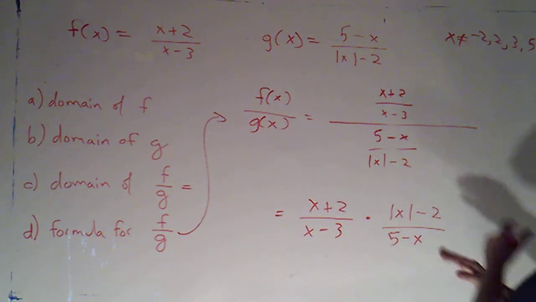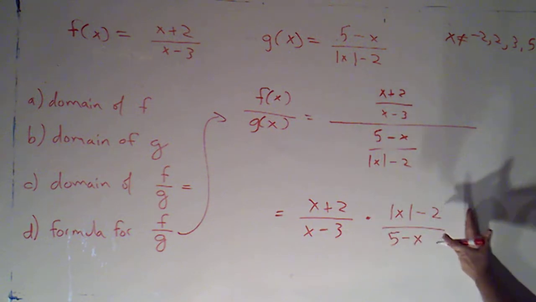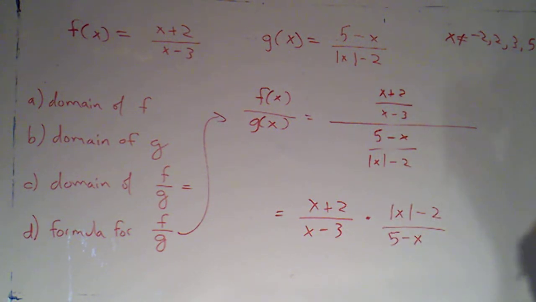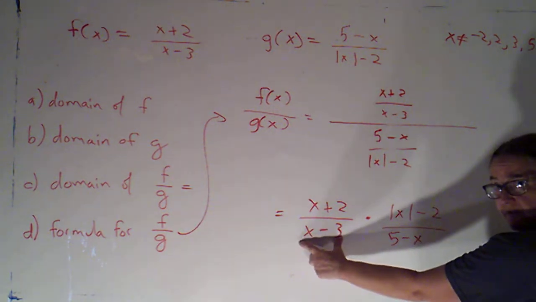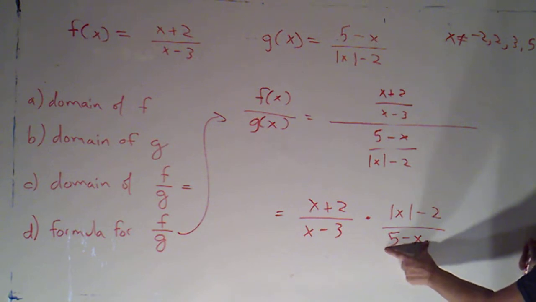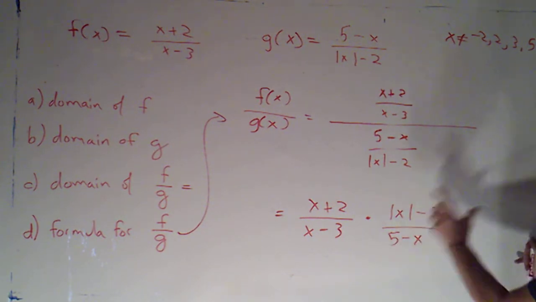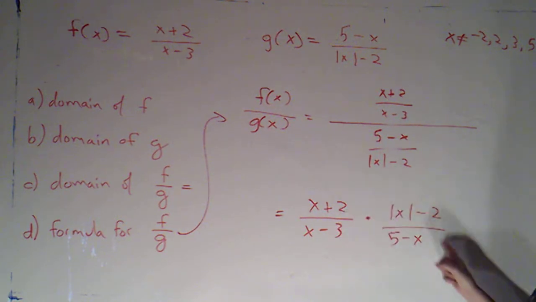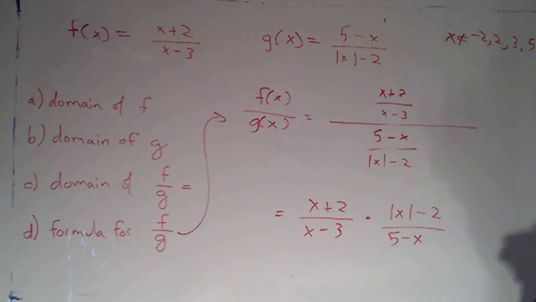Okay. Now, I'm not done simplifying, but notice something interesting that happened. Now, I can still see that x can't be 3 because that's in the denominator. I can see a little bit more easily that x can't be 5 because that's in the denominator. But it's no longer obvious from the way I've written this that x can't be plus or minus 2.